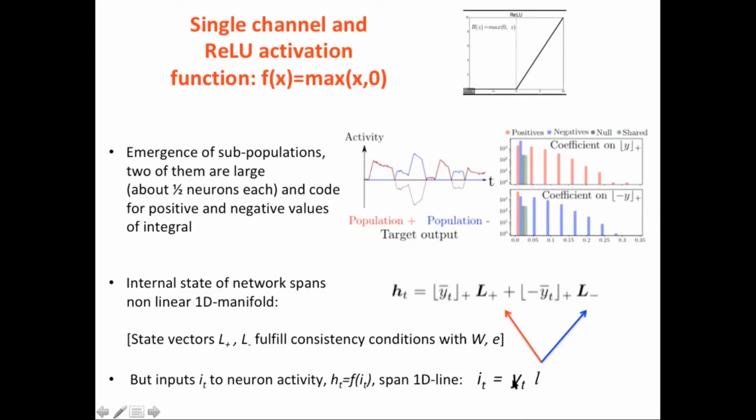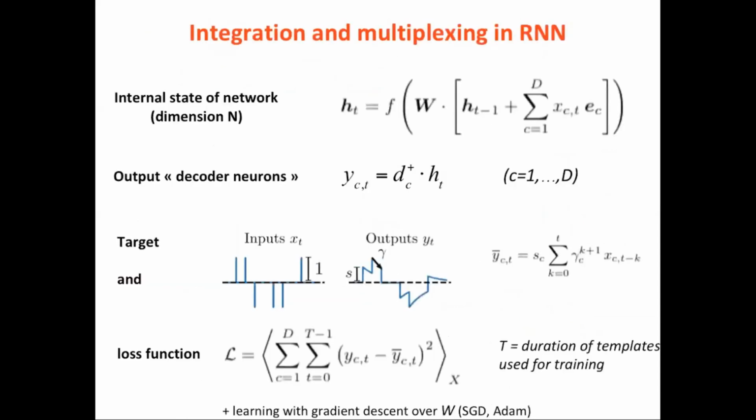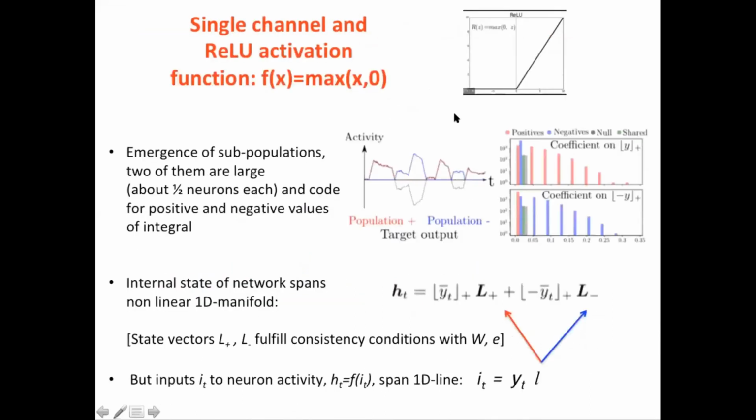You actually get a much simpler representation if you look at the currents incoming onto the neurons. The current is defined here not as the state of the neuron, but as the argument of this function, before we take the nonlinearity. So the current here is actually a linear function of the integral with some vector L, so it's proportional to the value of the integral.